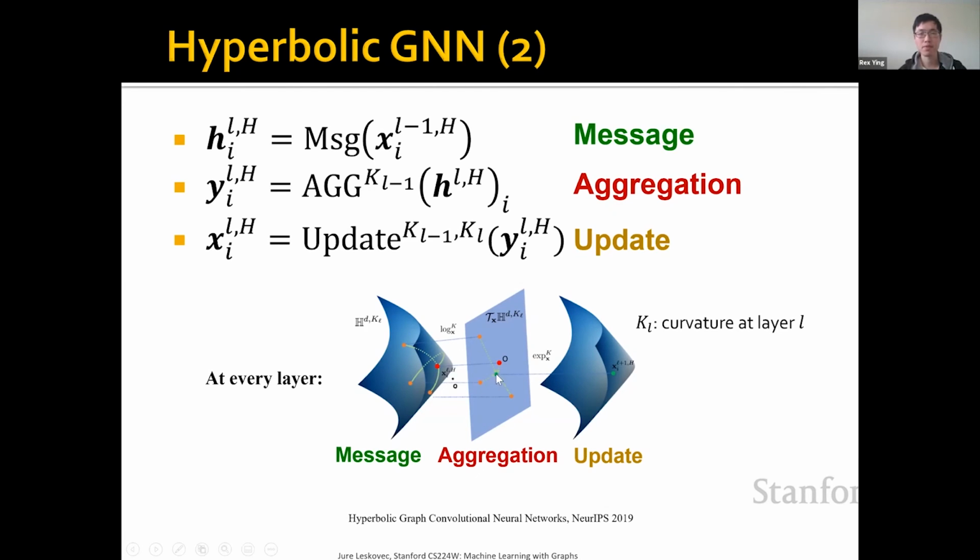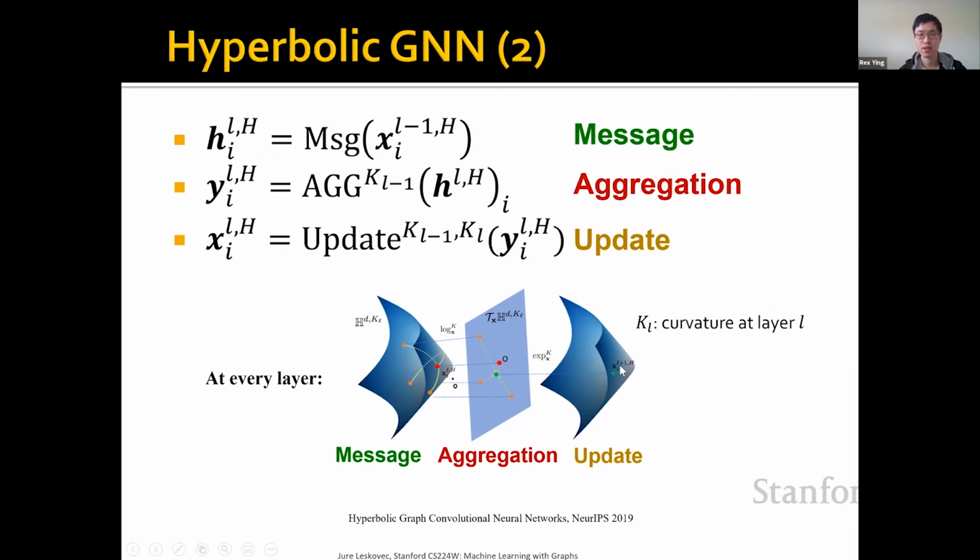But if we map them into the tangent space, then we can do something like a center of gravity inside this tangent space at the point X. So we perform this aggregation in the tangent space. And after the aggregation, we have the green point here, which is then mapped back to another hyperbolic space of a different curvature.